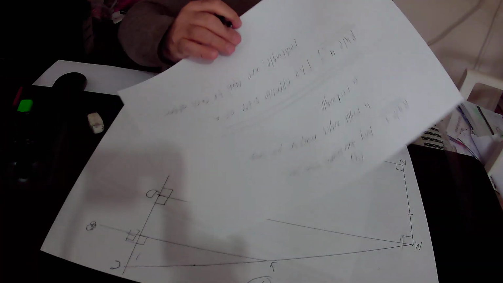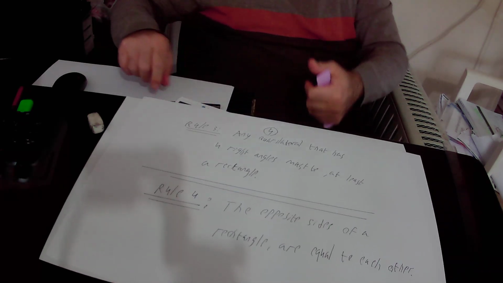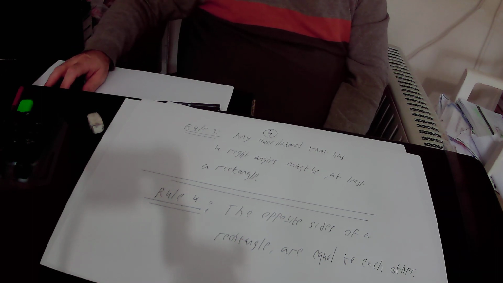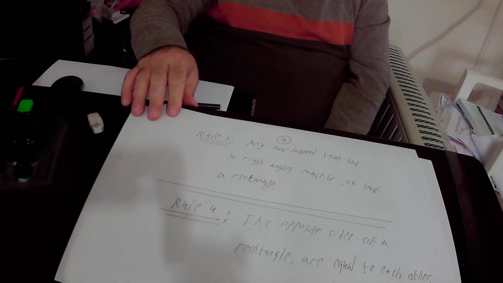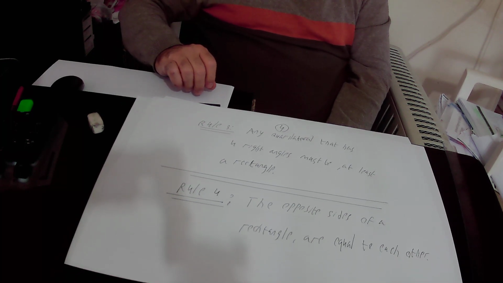So I will read rule number 4 again. Rule number 4 states that the opposite sides of a rectangle are equal to each other.